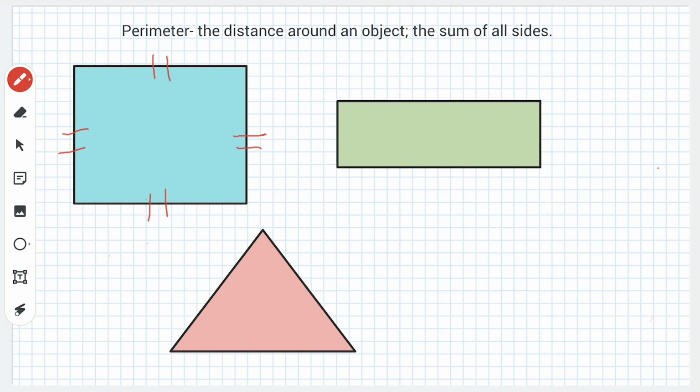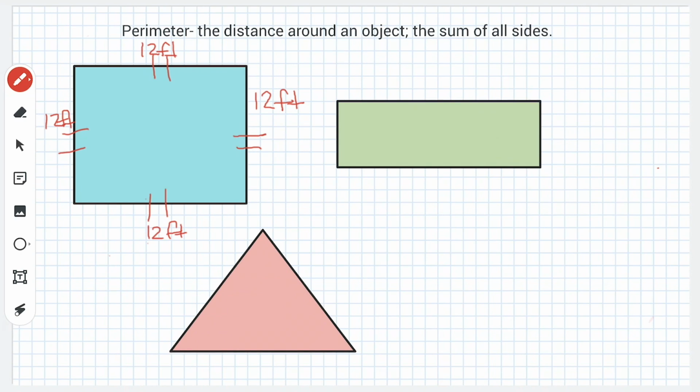So if I wanted to find the perimeter of this blue square, and the lengths of each side was 12 feet, that means that all four sides measure 12 feet. If perimeter is the sum of all the sides, what am I going to have to do with the length of each side to find the perimeter?